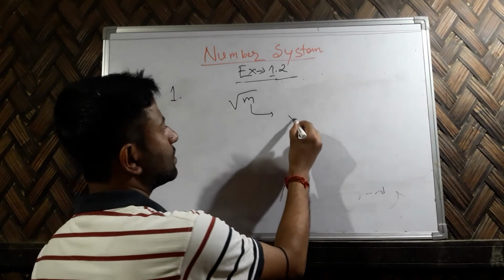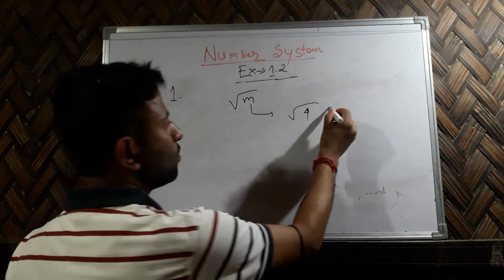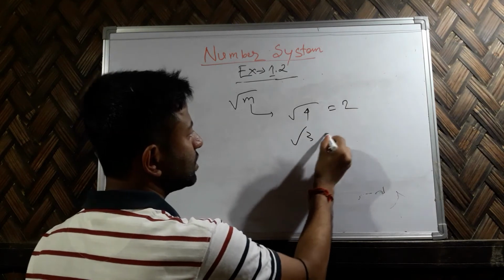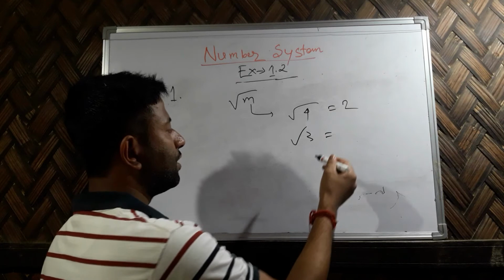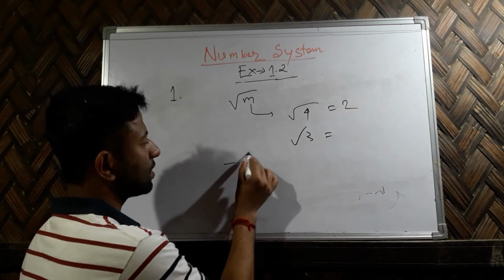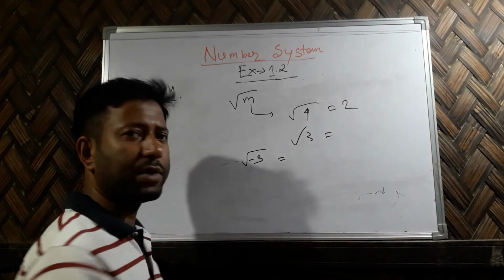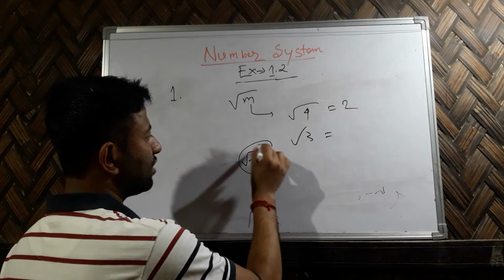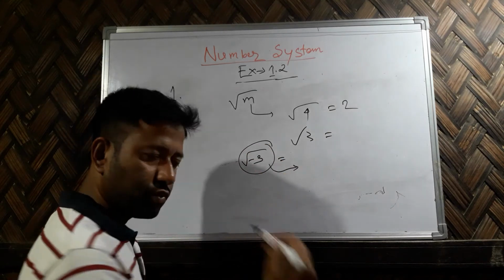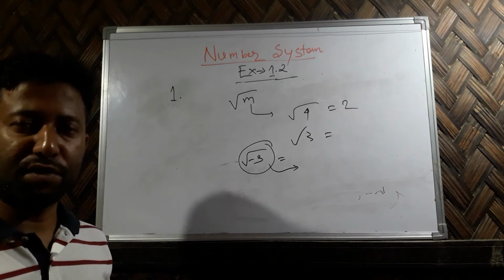Suppose I consider root 4. Of course, this is equal to 2, which is a real number. Root 3 is also coming in this series, so as I showed before, this is also a real number. But if I take something negative, that means minus root 3, it brings some imaginary part, which will come later on. For that situation, I cannot say this is possible now, because we have not got any idea regarding imaginary numbers yet.